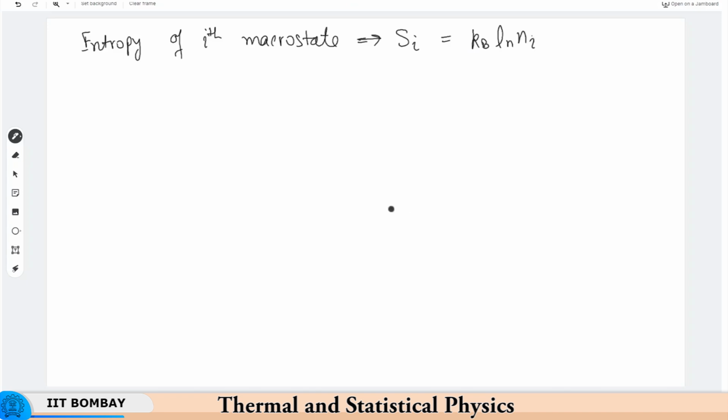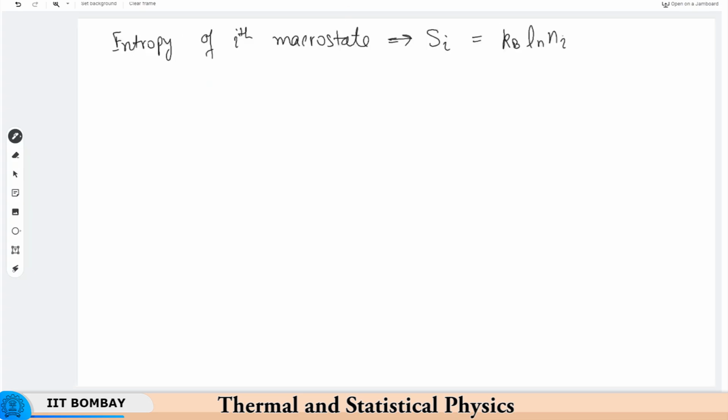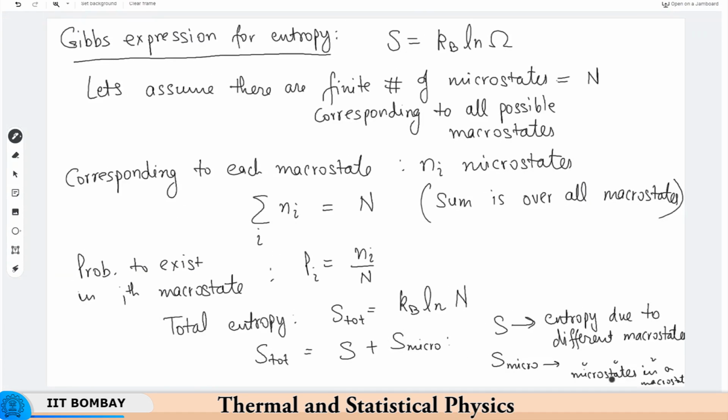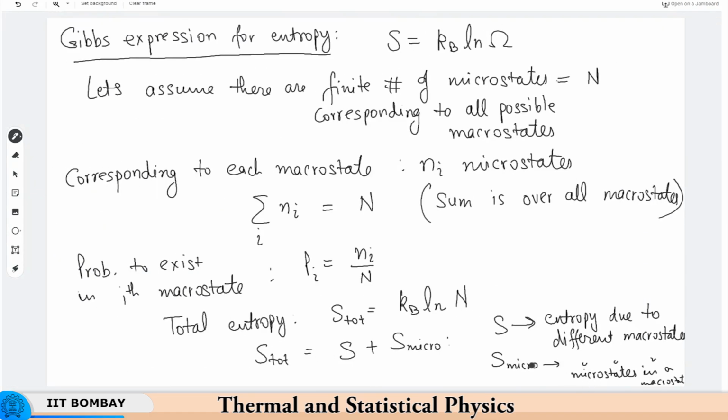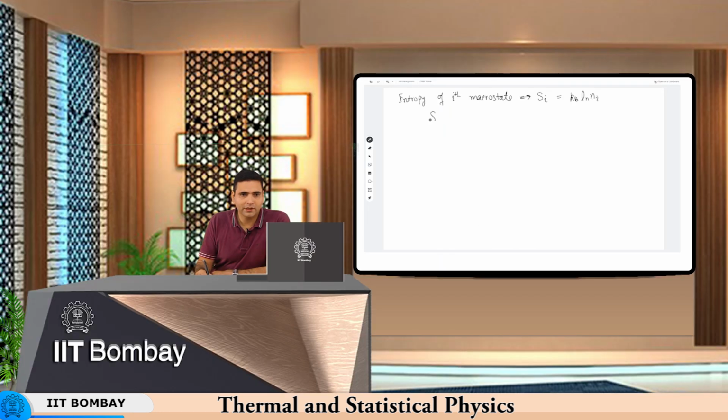This is the entropy of one macrostate, but what will be the average entropy of a macrostate? What will be the average entropy contribution due to the microstates present in a particular macrostate? Let us call this S micro, the entropy contribution due to microstates in a particular macrostate.